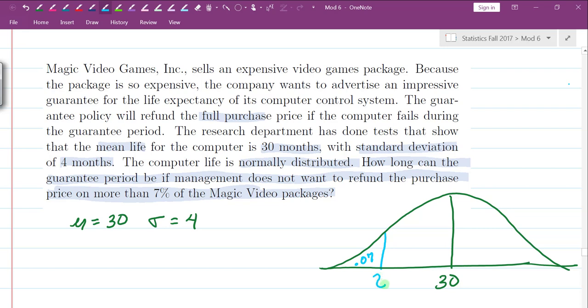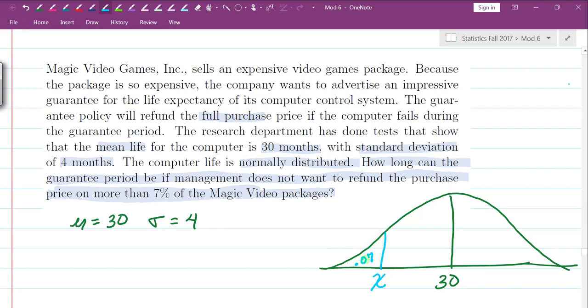I don't know what that number is. I'm going to put a warranty for X number of months. And if your machine breaks in that number of months, whatever that X is, I have to refund 100% of the full price that you purchased the computer for. Management says we don't want to offer this more than 7% of the time. So this is the picture.